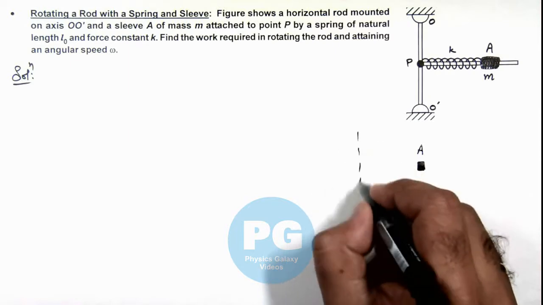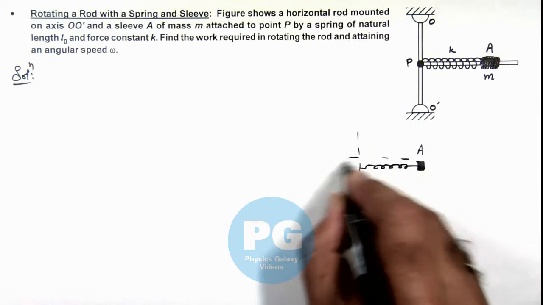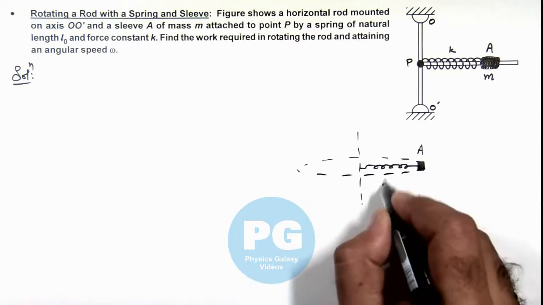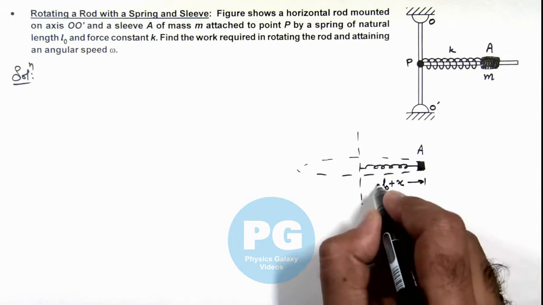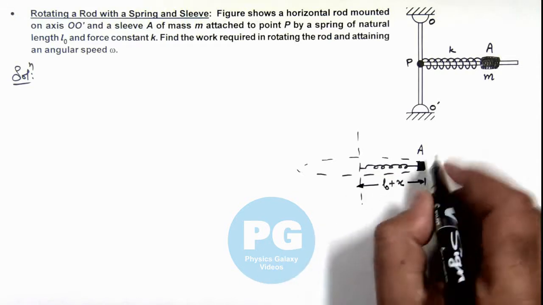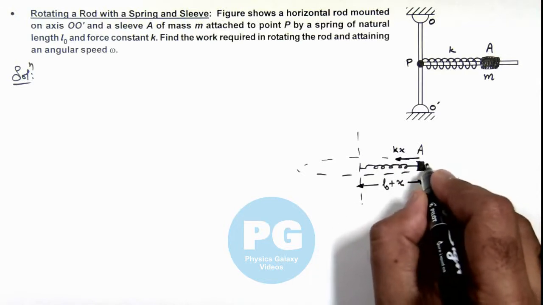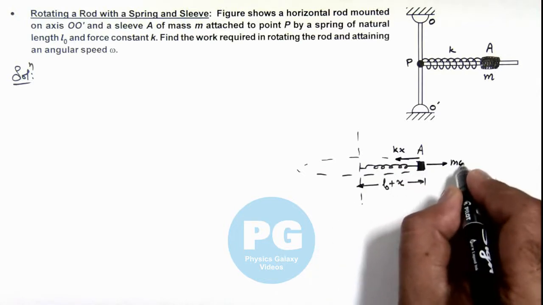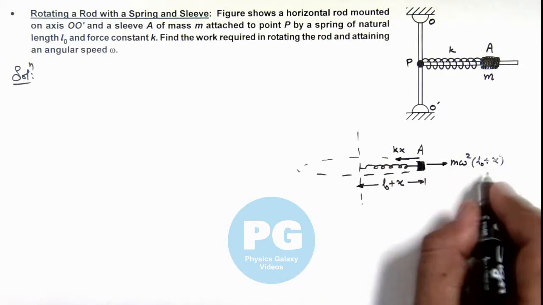where we can see with respect to the axis the spring is elongated and the sleeve would be revolving in a circle of length L0 plus x, where L0 is the natural length of a spring and x is the elongation. So it is experiencing kx in inward direction and the centrifugal force m omega square L0 plus x in outward direction.